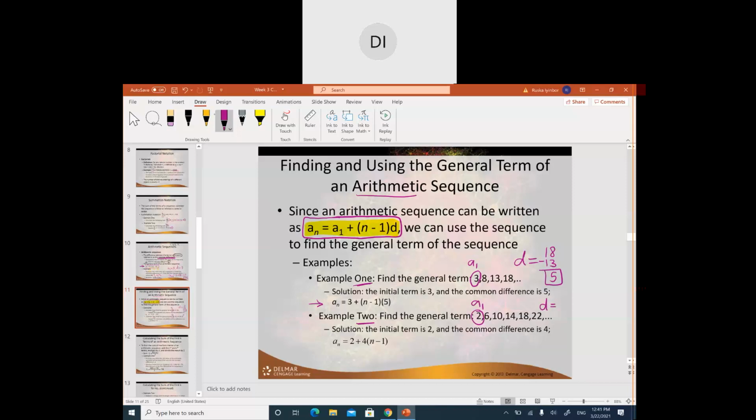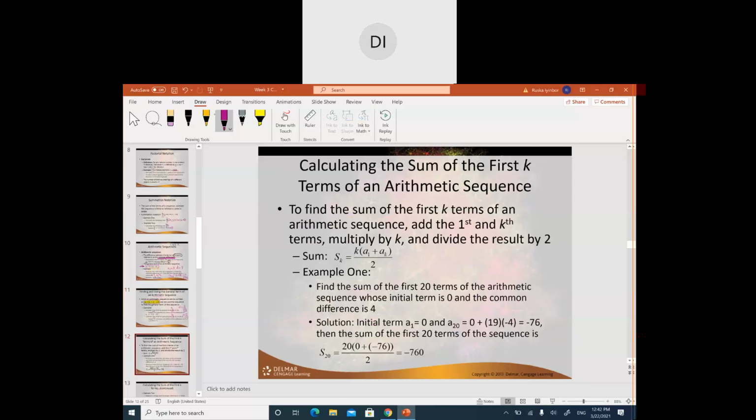So I can just subtract 14 minus 10, for example. So the common difference is 4. Plug it into the formula, and that's your formula. An is 2 plus (n minus 1) times 4. Okay? So that's how you do an arithmetic sequence. There is a specific way to do that.